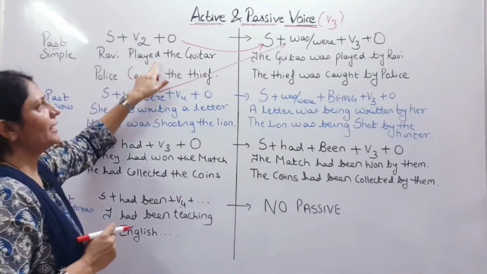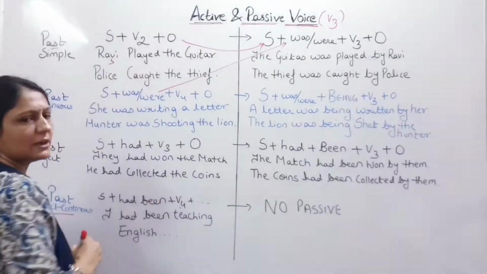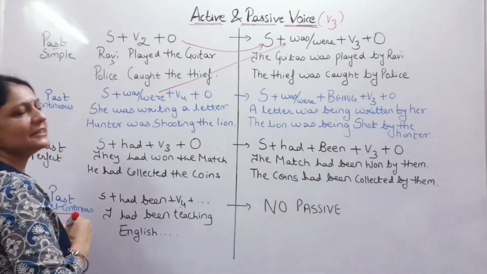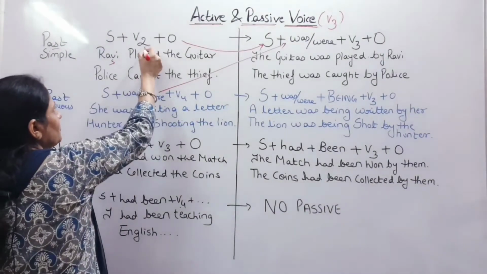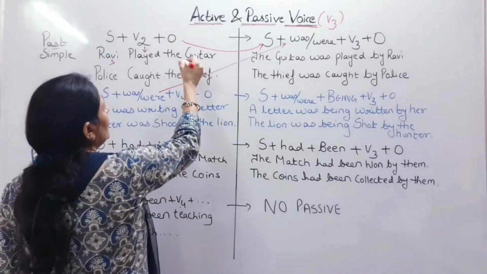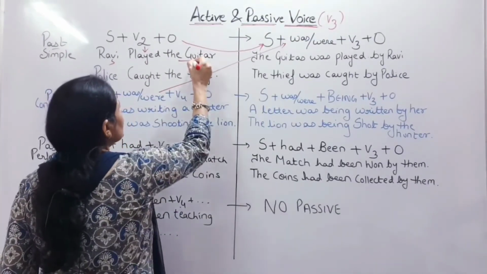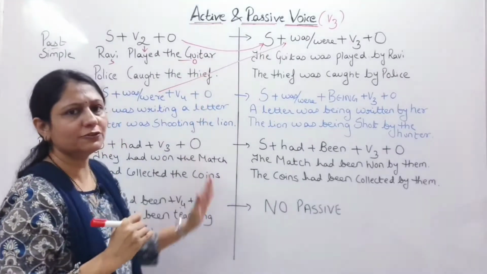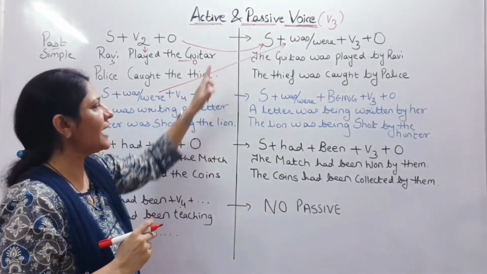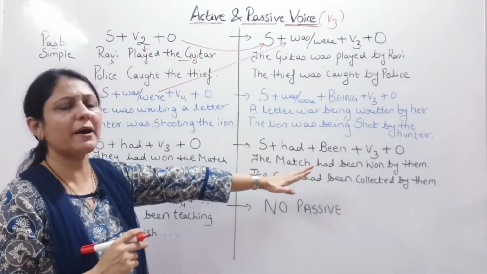Ravi played the guitar. Here Ravi was the subject because Ravi did the action of playing. Ravi played what? Guitar. Guitar is what? The object. Here, for the sake of convenience, we have not added the time phrase to make it more clear with the passive voice.